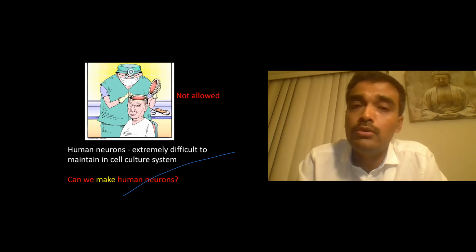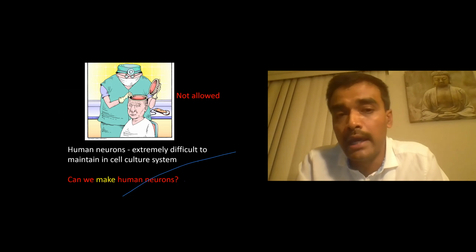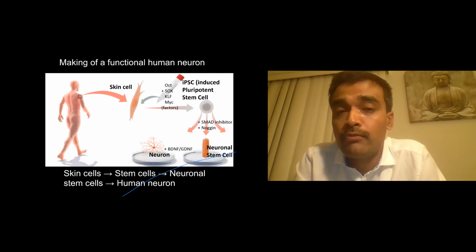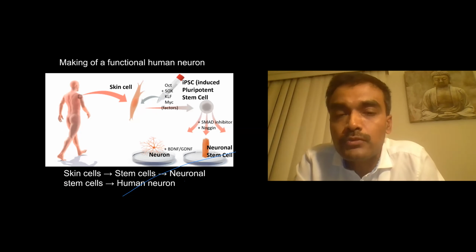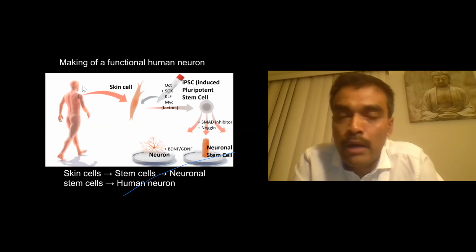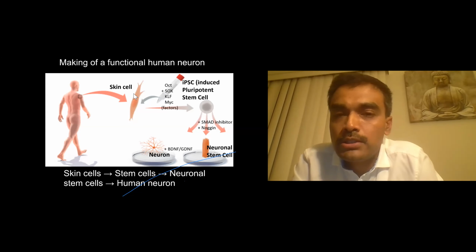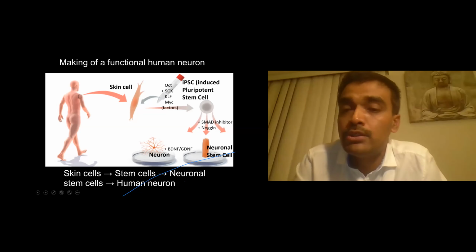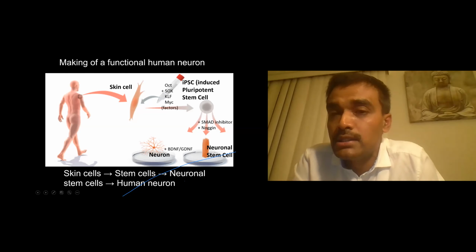Actually, nowadays we can. We can make human neuron from your skin cells, all of yours. If you give me a little bit of skin tissue, I can make neurons out of it. So how do we do that? You take a little biopsy tissue, skin, and add certain protein factors, and it will become pluripotent stem cells. Pluripotent means those cells can form any lineage.